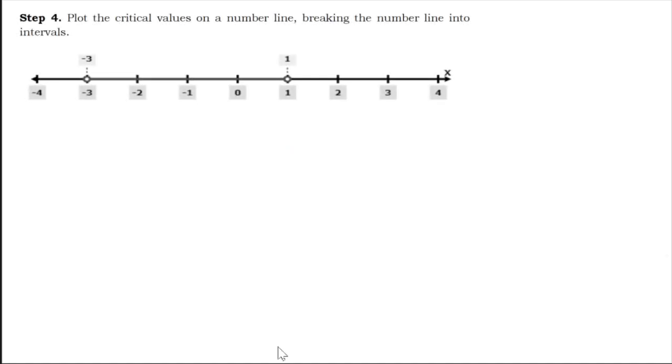Okay, step 4, since our critical values are negative 3 and 1, plot the critical values on the number line, breaking the number line into intervals. But this time, in our plot, negative 3 and 1 are not yet included since they are open here.